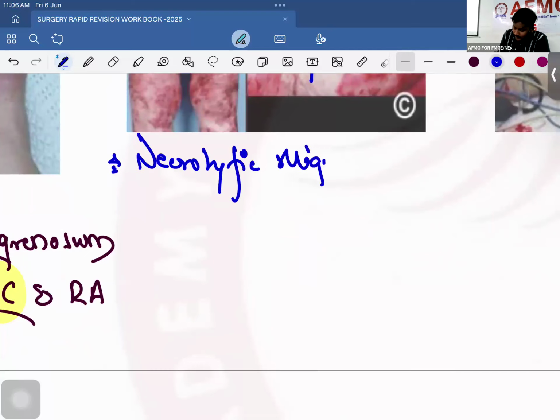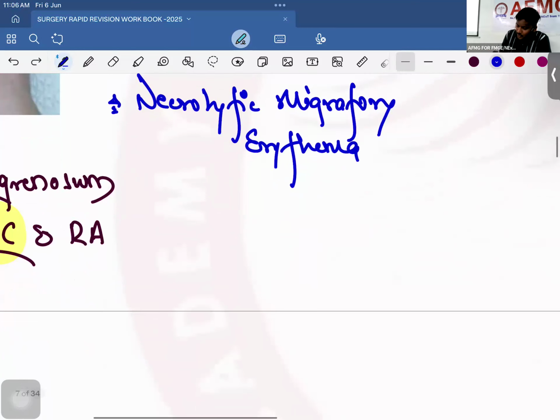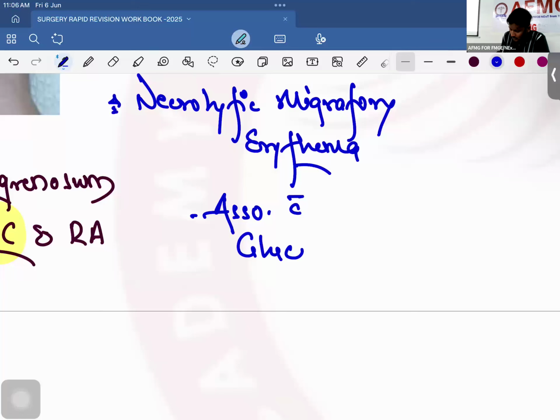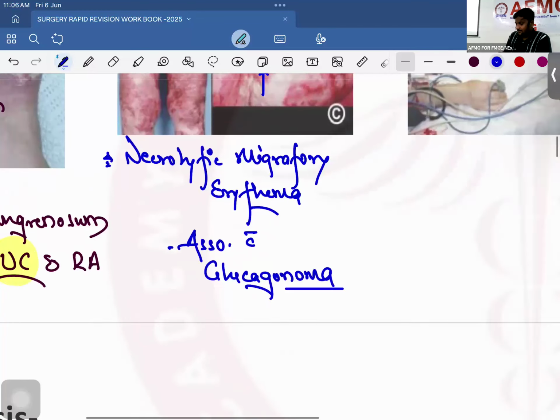So we know that necrolytic migratory erythema is associated with which tumor? Very good. So we know it is associated with a pancreatic neuroendocrine tumor, beta, arising from which cells? Alpha cells, and that tumor is nothing else but glucagonoma. Repeated question of FMG and NEET PG examinations. Do remember that? Okay. So we know necrolytic migratory erythema is associated with glucagonoma, beta. That is what is important to be remembered.